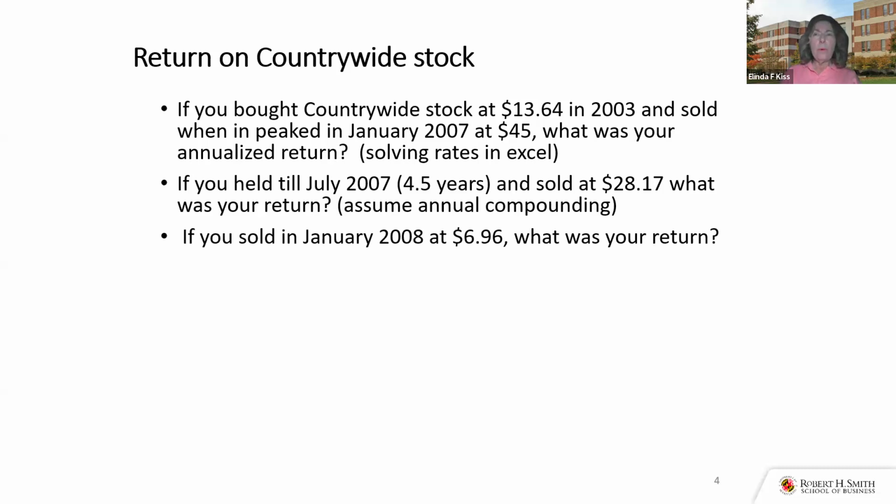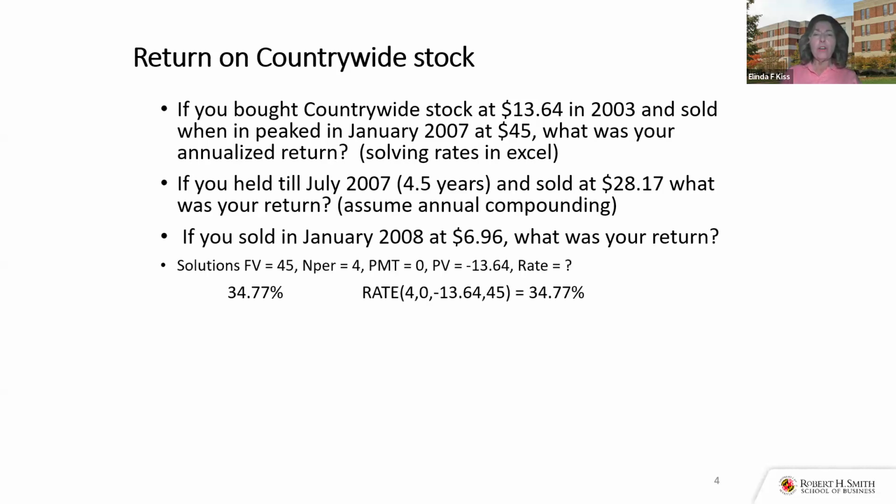Using Excel, we would use the rate function to calculate return. Future value for the first one is $45. NPER, number of periods, is 4. That is 4 years. Payment is 0. That minus $13.64 will stay in all of our calculations as the present value.